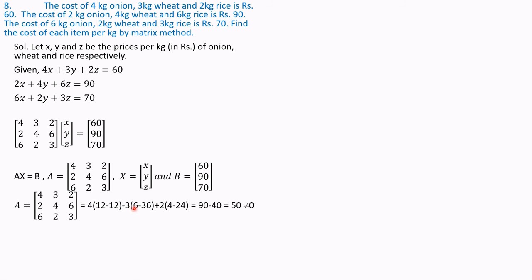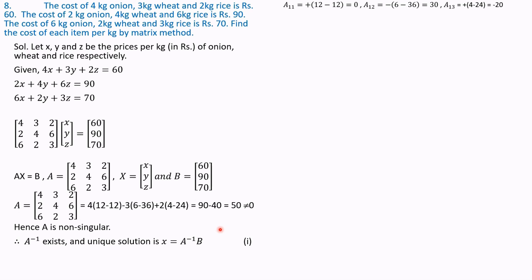Minus 3 into (6 minus 36), plus 2 into (4 minus 24). That is equal to 90 minus 40, which equals 50, which is not 0. Hence, the matrix is non-singular and a unique solution exists. A inverse exists and the unique solution is X equals A inverse B.